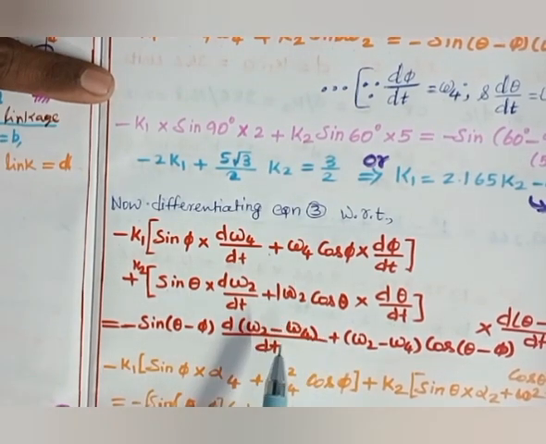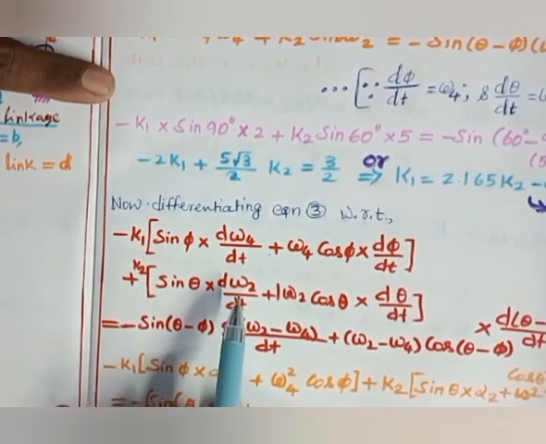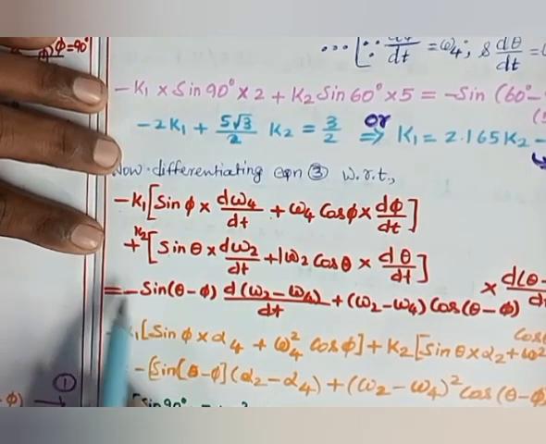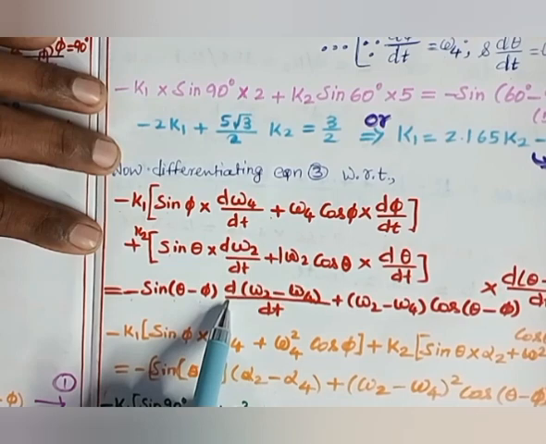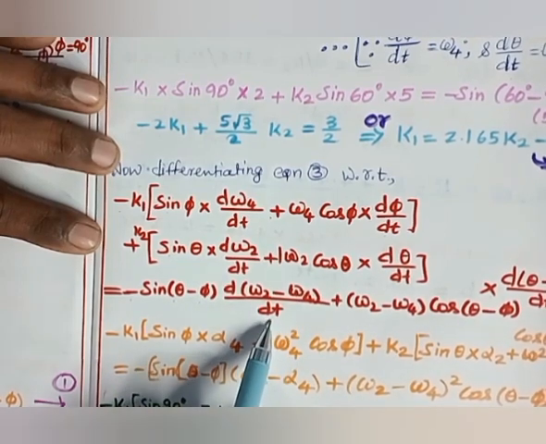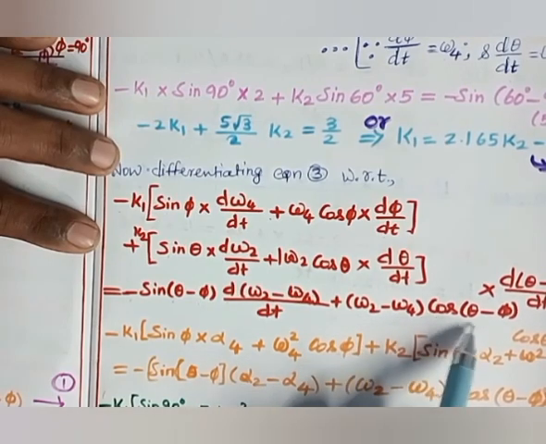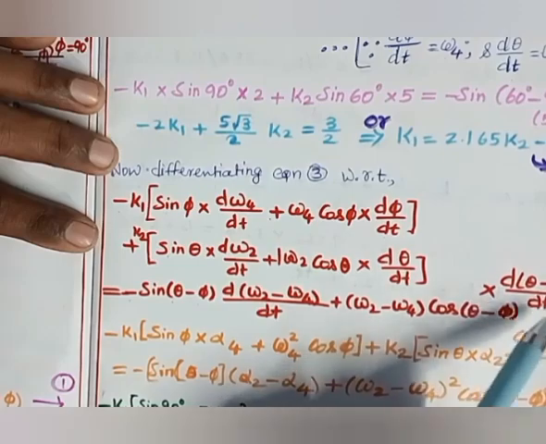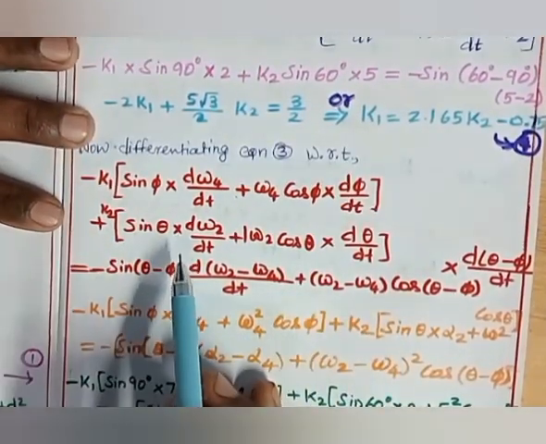For your convenience, you should work out this, then you will easily understand. That is equal to minus of sin of theta minus phi, differentiation of omega 2 minus omega 4 divided by dt, plus omega 2 minus omega 4 into cos of theta minus phi, multiplied with the differentiation of theta minus phi with respect to dt. Just you work out these things, then you will clearly understand.